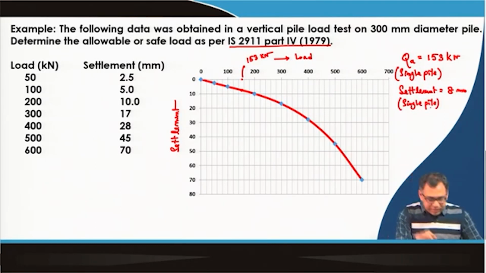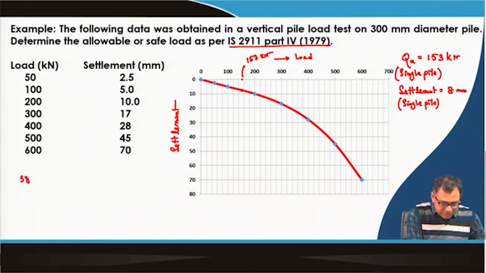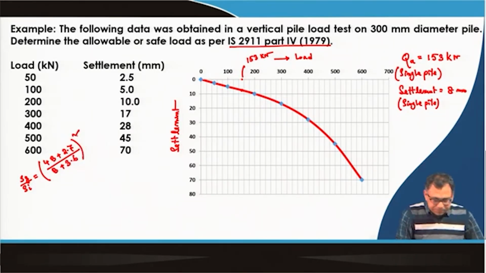So, based on this data, we can determine the settlement of the group pile by using the Skempton equation or the Meyerhof equation. I am using the Skempton equation. Sg by Si is equal to (4B plus 2.7) divided by (B plus 3.6) whole square, where B is in meters. The pile group configuration is given here.